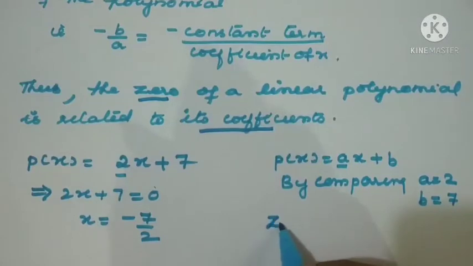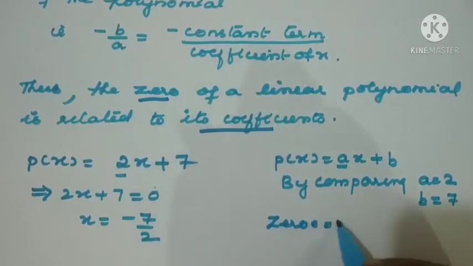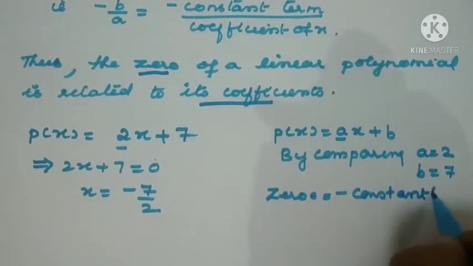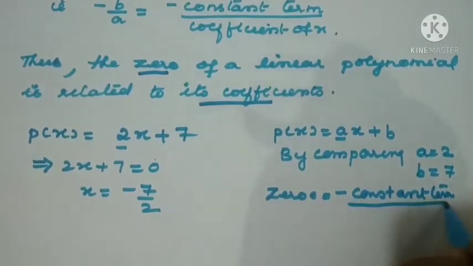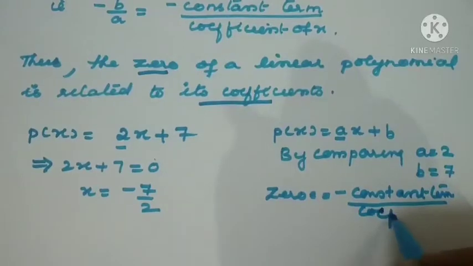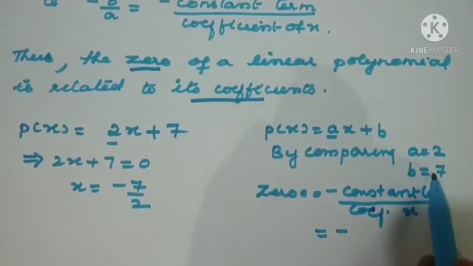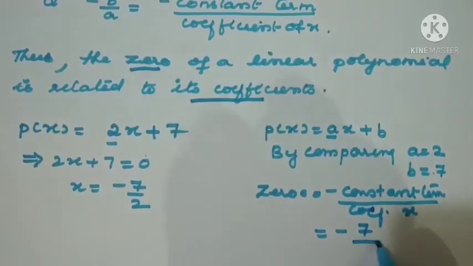So the zero is equal to minus constant term divided by coefficient of x. Which one is the constant term? b, so b is 7, divided by 2.